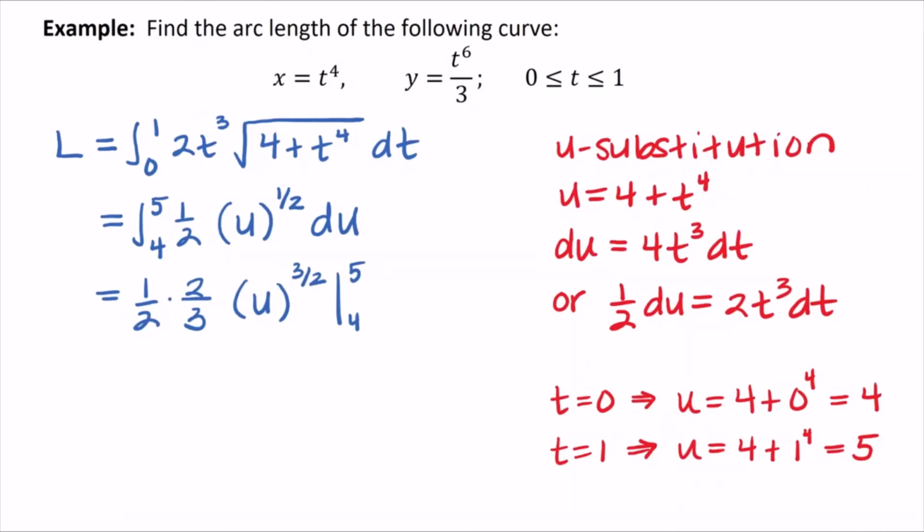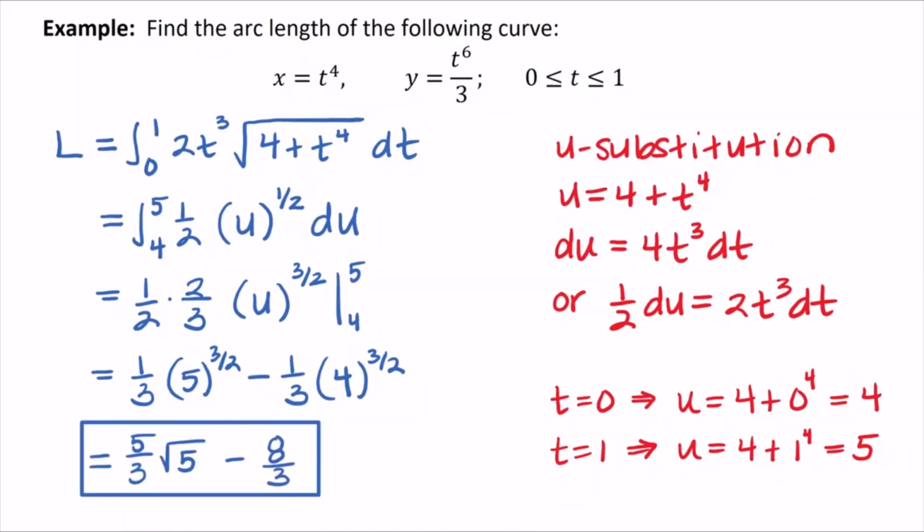Integrating, this gives 1/2 times 2/3 times u to the 3/2, evaluated from u equals 4 to u equals 5. And this equals 1/3 times 5 to the 3/2 minus 1/3 times 4 to the 3/2. Simplifying a bit will give us 5/3 times the square root of 5 minus 8/3. And we have found the arc length of the parametric curve.